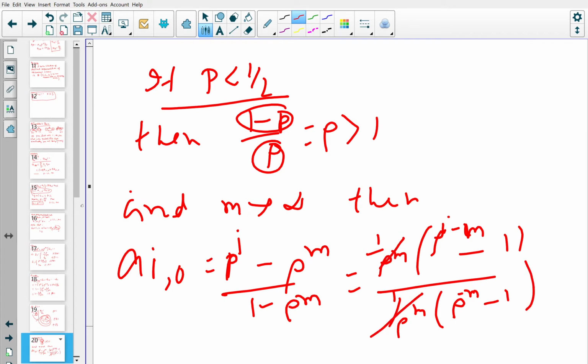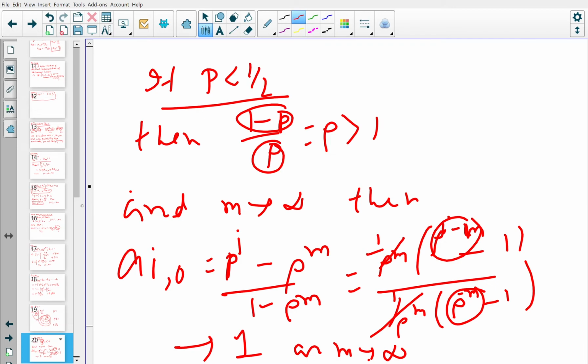And then when m tends to infinity, this part tends to 0, this part tends to 0, so the whole thing tends to 1 as m tends to infinity. So what does that mean? That means eventually you end up losing. This is very clear. That's why it's called the gambler's ruin problem. So you are going to ruin your fortune. You are not going to win it.